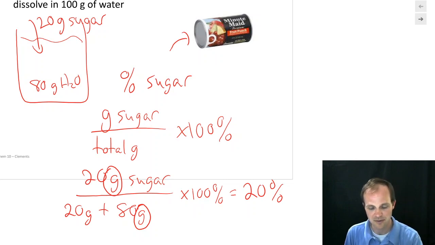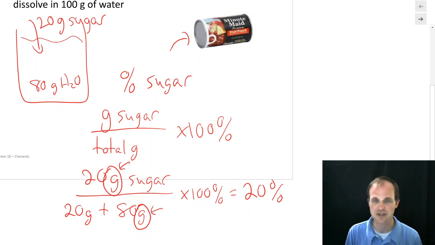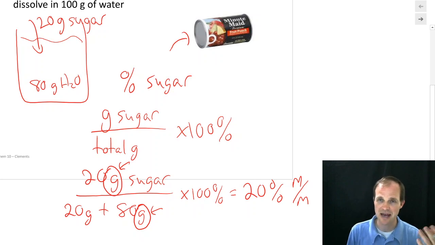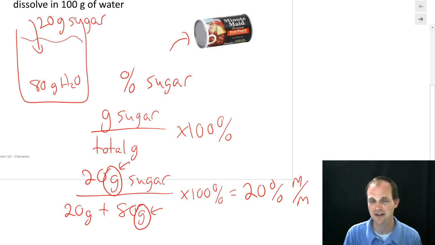We're going to report them as percent plus give some information about the units used to calculate it. And the units here were grams and grams, but we don't say grams and grams. We say mass and mass. And so we say m over m. It was a mass divided by a mass. And you'll see why in a little while, because we sometimes do volumes and things like that. So we say that this solution has a concentration of 20% m over m.